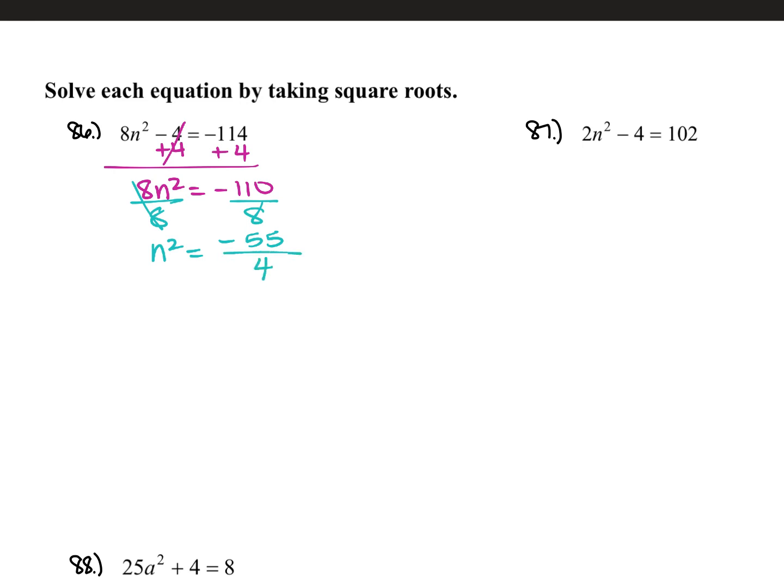We're going to take the square root of both sides. You're going to have n on the one side. That 55 is just 5 and 11, so it cannot simplify. However, the square root of 4 is 2. That i comes out front because of the negative that's underneath. And you have plus or minus i square root 55 all over 2.